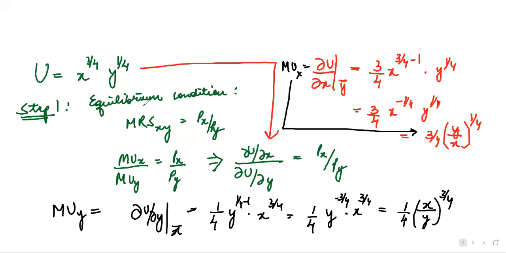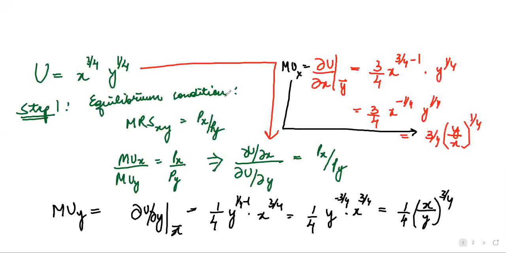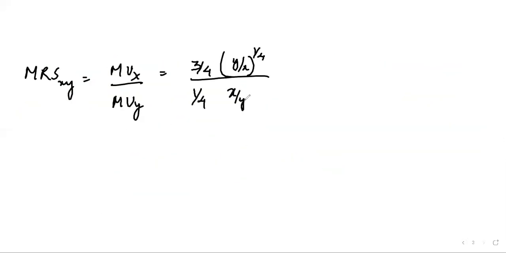So what is going to be your MRS? MRS is going to be MUX by MUY. So this is 3 by 4 Y by X to the power 1 by 4, divided by 1 by 4 X by Y to the power 3 by 4. This is very simple to solve.